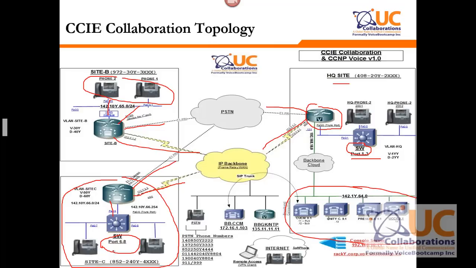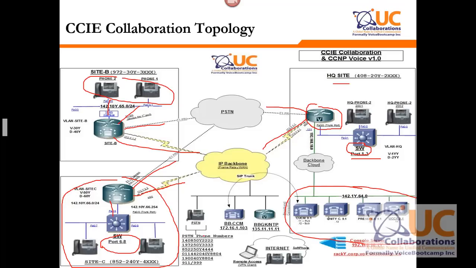You also have two IP phones there, 9951 phones. There is one 9951 video phone and one 7961 regular phone attached to site C. On the HQ side we have both 9951 video phones at this stage. On site B, both of these phones are 7961s. So these are your site-specific devices.